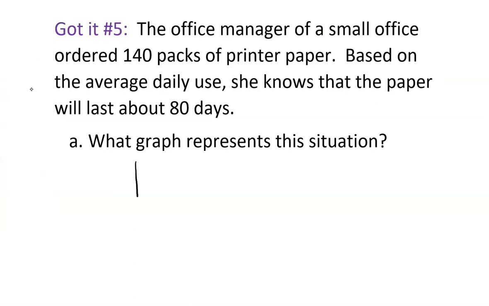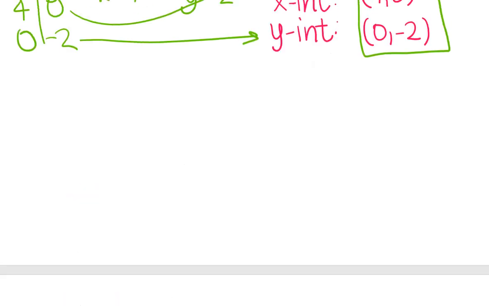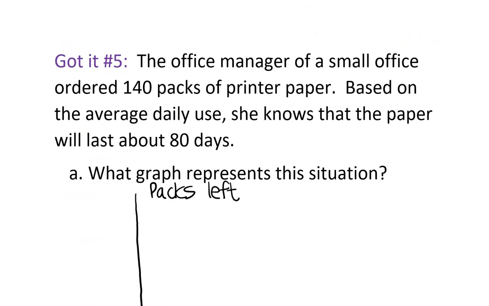So I'm going to just draw this in quadrant 1, since we're talking about something that can't be negative. We want to know how many packs of paper are left. So I'm going to put the time part down here and the paper packs over here.